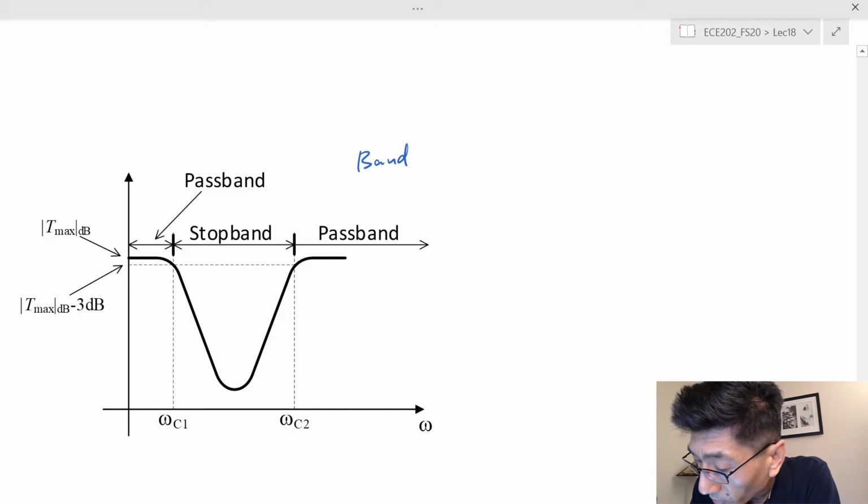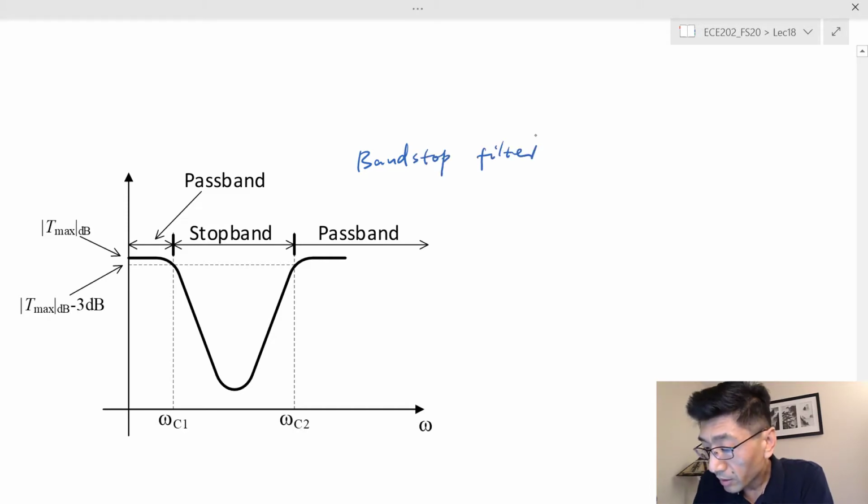In this case, the stop band is between two cutoff frequencies. The pass band is at lower frequency, lower than ω_c1, and above the higher cutoff frequency, ω_c2. So these are the four different types of filters.